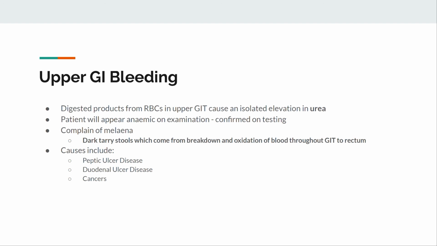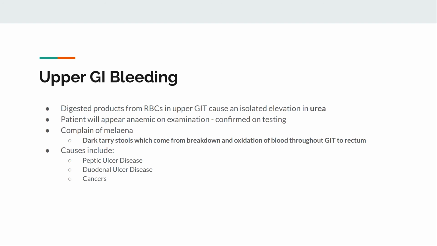They'll be anemic on examination, and then you'll confirm that by seeing that they've got a low hemoglobin. Typically, it'll be a microcytic hypochromic anemia. They'll have melena, which is dark tarry stools, from the breakdown and oxidation of blood throughout the GIT from the upper GI coming out in the stool. And it could be things like ulcers or cancers, some other causes as well.